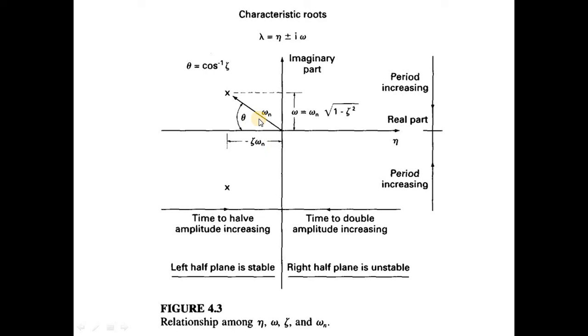If you just decide to increase the real part of it, your time to half amplitude is reduced, which is good, but your period of oscillation will increase, because your damped natural frequency is smaller since your damping ratio is a lot higher.